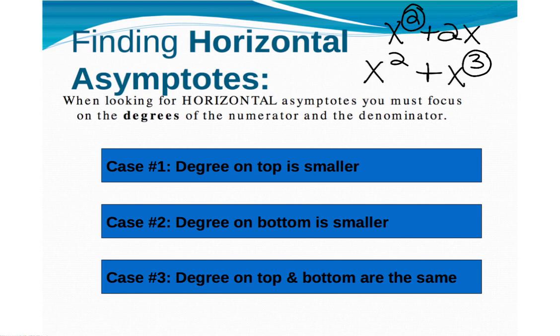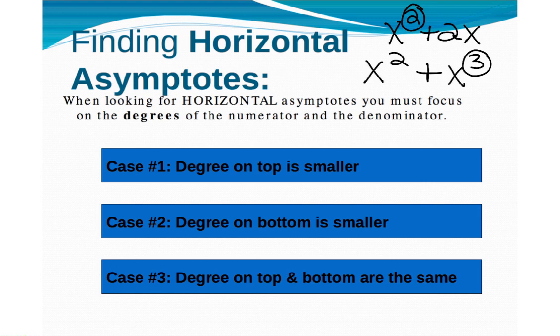Now, horizontal asymptote is probably the most difficult because it involves a little bit of memorization. We have 3 different cases that are possible for horizontal asymptotes. Case number 1 is if the degree on the top is smaller. Case number 2 is if the degree on the bottom is smaller. And case number 3 is if the degree on the top and the bottom are the same.